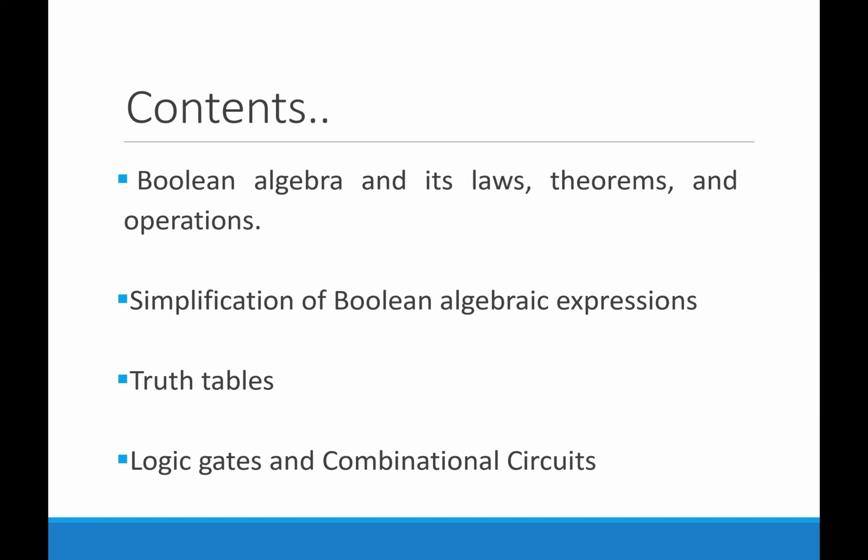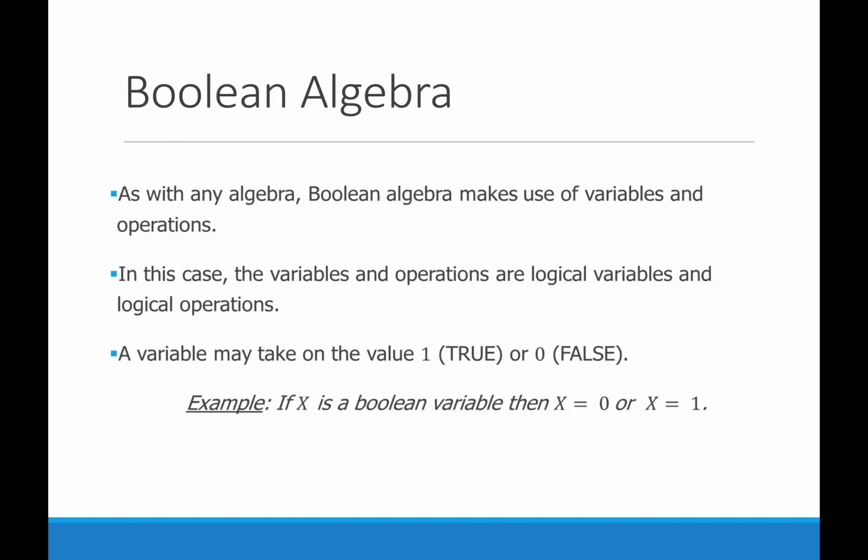Now we are going to start with Boolean algebra. Can you tell me what Boolean algebra is, or what algebra is? Just algebra. Do you have any idea regarding that?